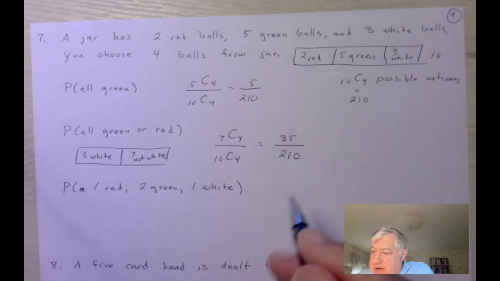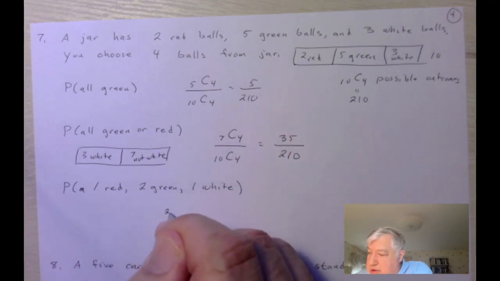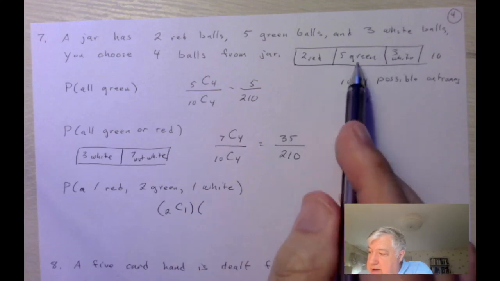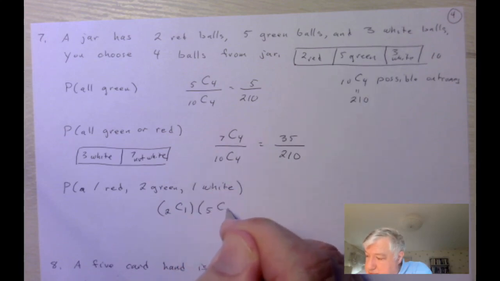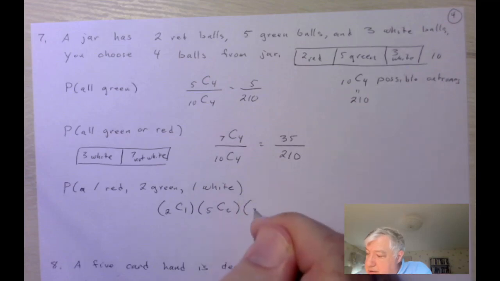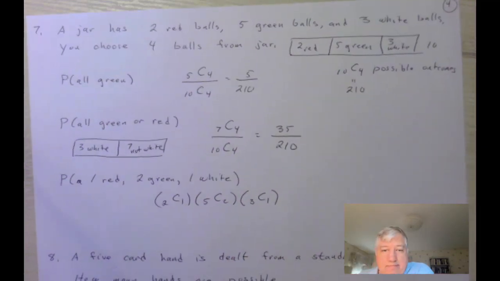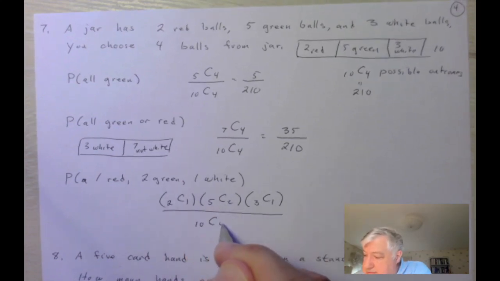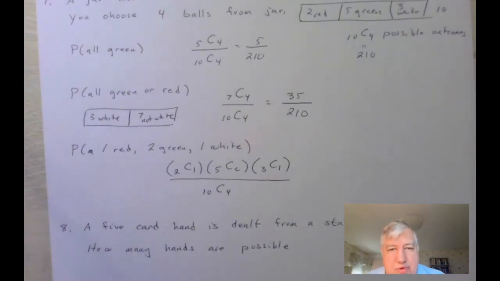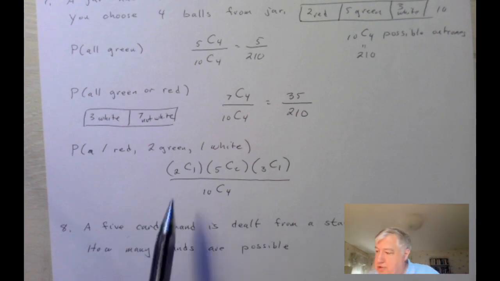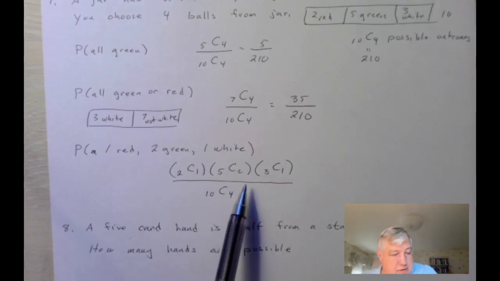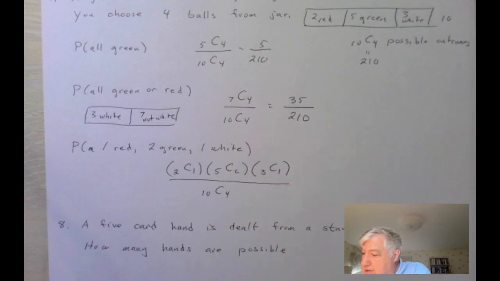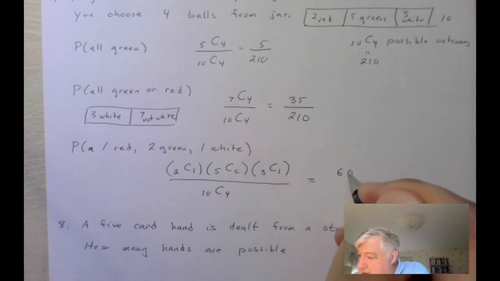So we're talking about 2 choose 1 times 5 choose 2 times 3 choose 1, all divided by 10 choose 4. We're multiplying these because this was a process of finding that combination. When we compute this out, this is 2 times 10 times 3, so this is actually 60 over 210.